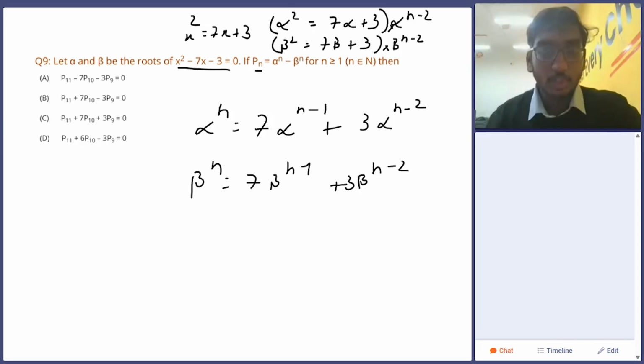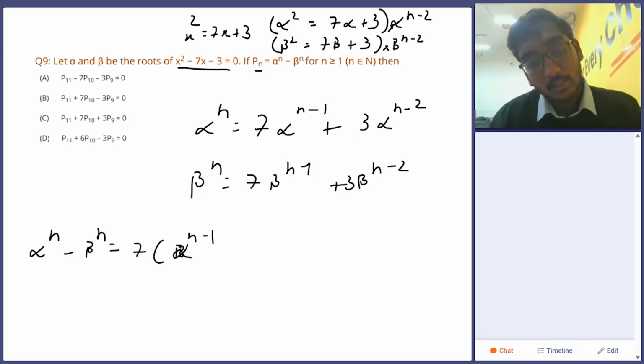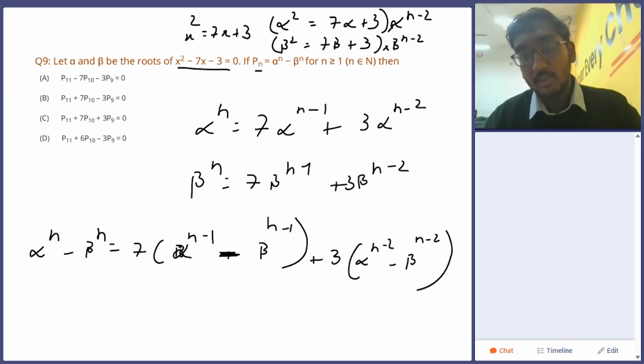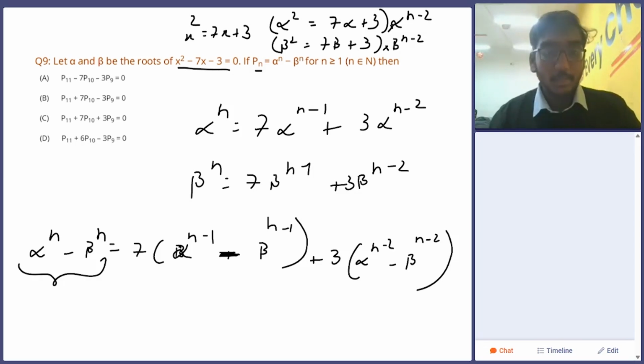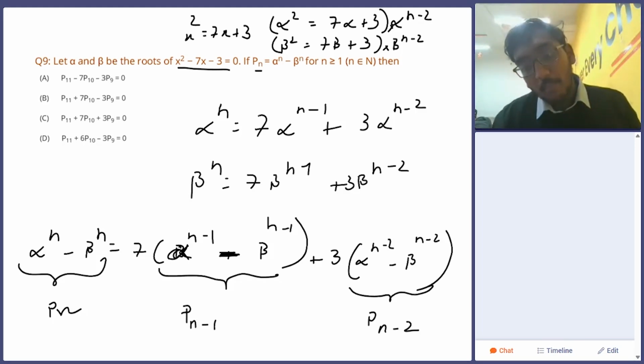Subtracting these two equations, what you will get? Alpha power n minus beta power n equal to 7 times alpha power n minus 1 minus beta power n minus 1, plus 3 times alpha power n minus 2 minus beta power n minus 2, right? So this is nothing but your Pn. This will be what? Instead of n, you have n minus 1, right? So it will be Pn minus 1, okay? And this will be P n minus 2.